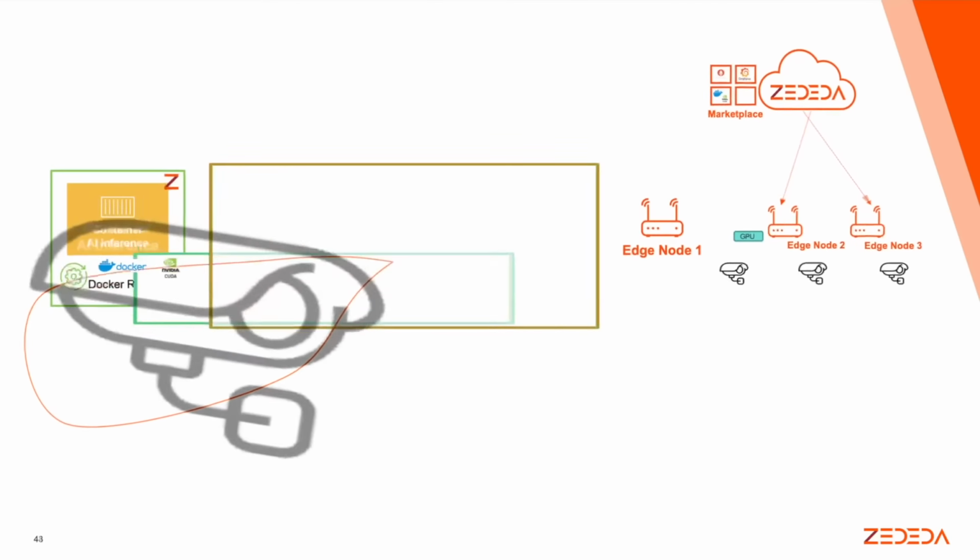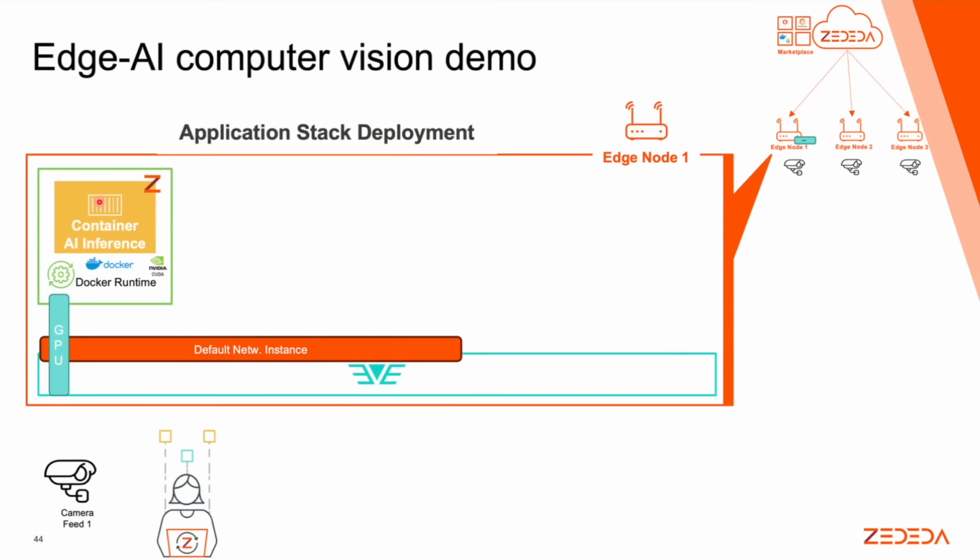Technically, when we zoom in on the edge node, we pick that first edge node that has a discrete GPU available. When you deploy this AI inference container, our inference pipeline running on the Docker runtime with the NVIDIA CUDA drivers will connect to the camera feed.